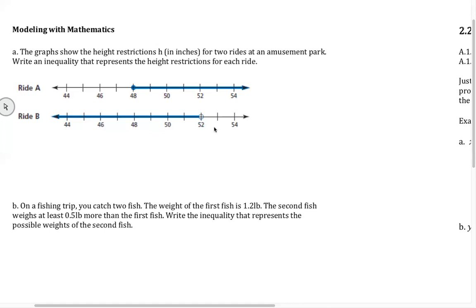It means that x is greater than 48, so you would say you need to be at least 48 inches.